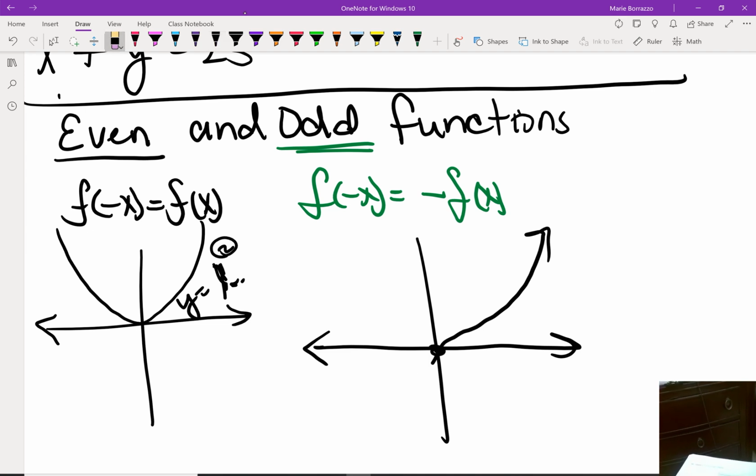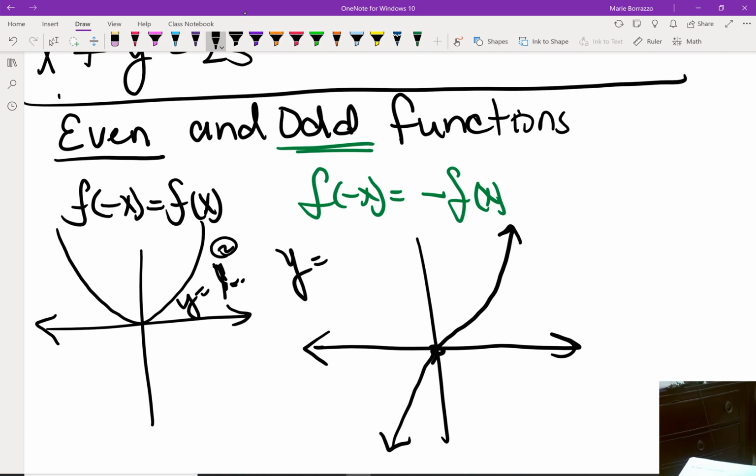If I drew a perfect cube function, which this is not, let's do a cubic function where y equals x cubed. Again, notice that that is an odd exponent, so again, that is the hint or the big picture. You can also tell based on the diagram itself.